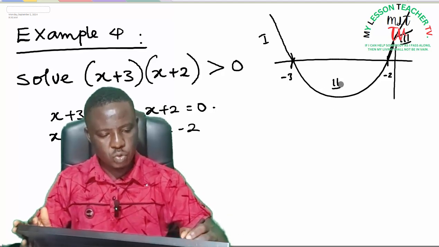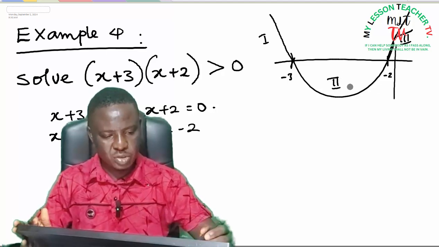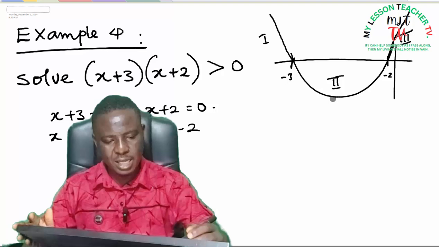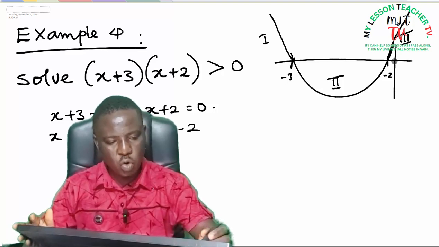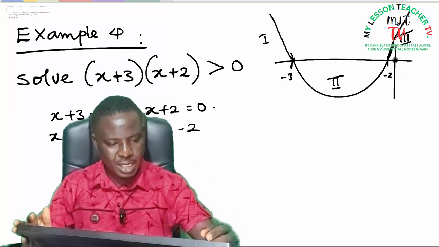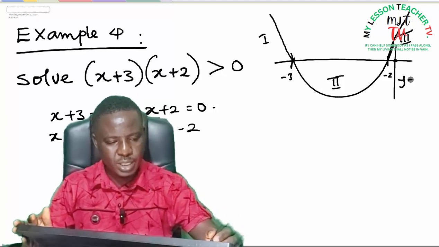But in region 2, the parabola is said to be less than 0 because it falls under the midpoint. At this region, y is less than 0.